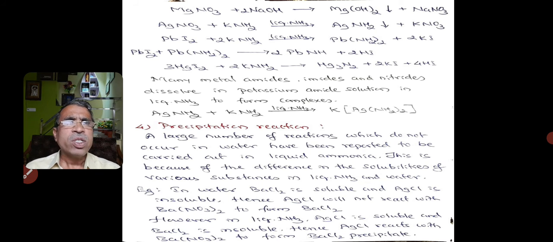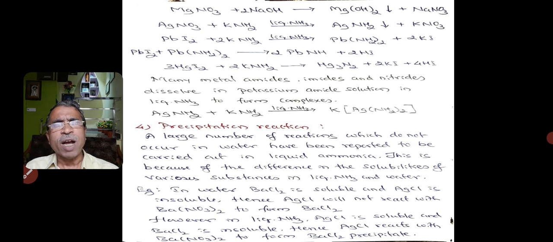Many metal amides, imides and nitrides dissolve in potassium amide solution in liquid ammonia to form complexes. So this is also just like aluminium oxide. Aluminium oxide, when it is treated with NaOH, forms sodium meta-aluminate, NaAlO2, which is soluble in water.